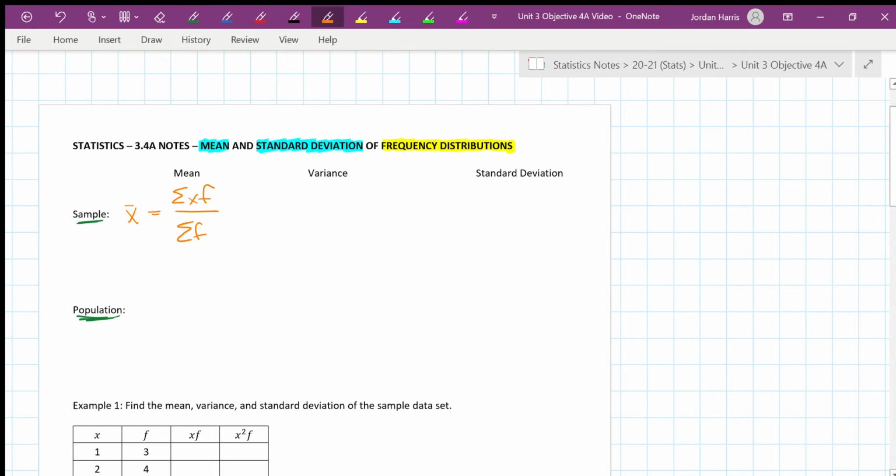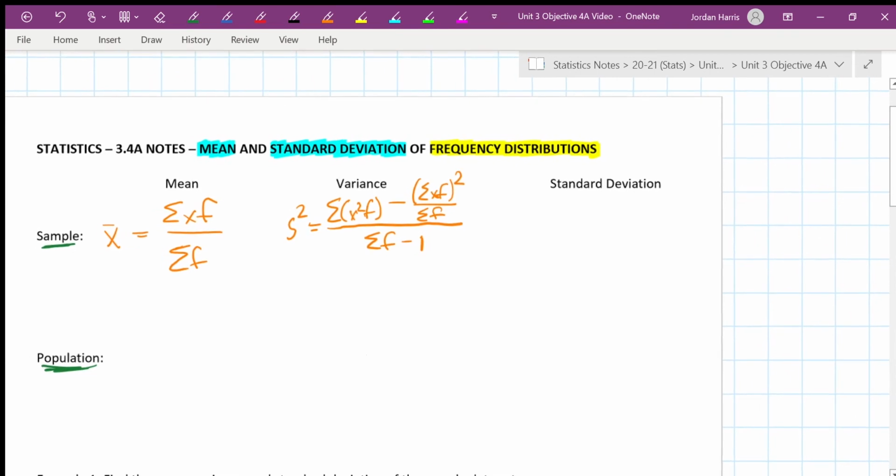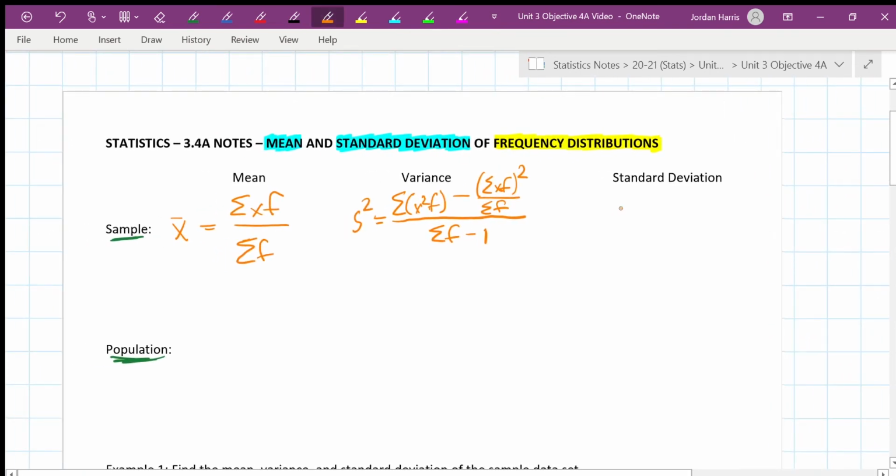For variance, we're relating it to the sum of squares method, the last thing we did, because you can't really do the other one. Okay, so it's the sum of x squared f minus the sum of xf squared all over the sum of f, all over the sum of f minus 1. Notice we have that correction factor. Okay, standard deviation is the square root of variance.